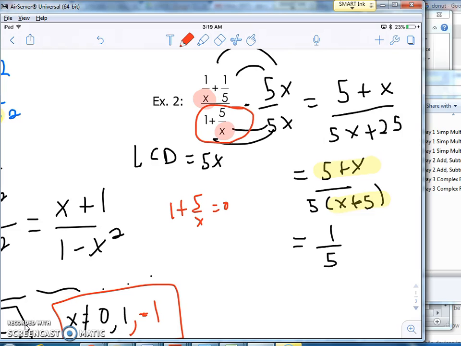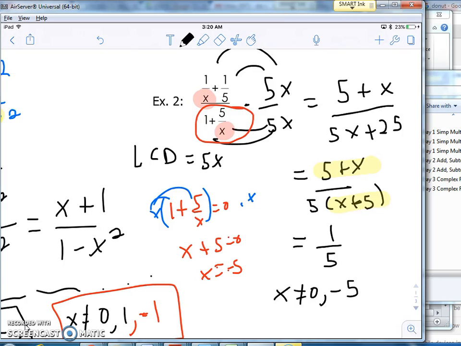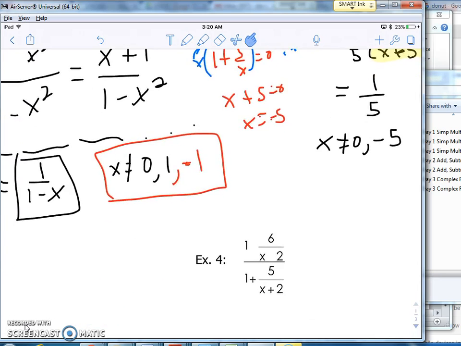If I multiply both sides by x, I distribute that, I'm left with x plus 5 equals 0. So x cannot be -5 either. So for my restrictions, we've got x cannot be 0 or -5. If you want to put those in solution set form, or bracket form, that's okay.